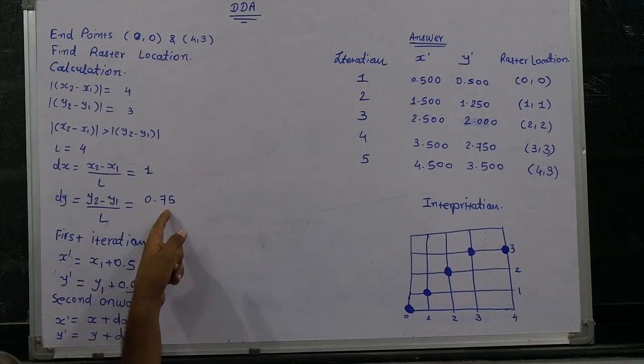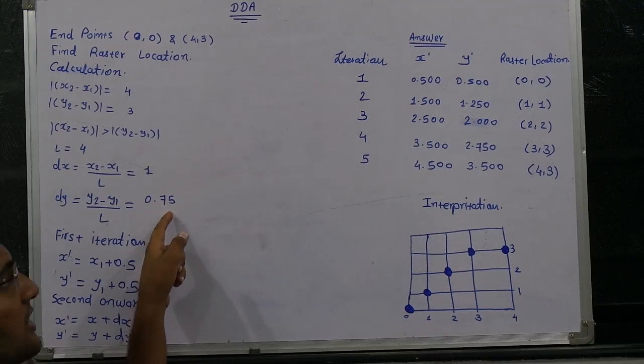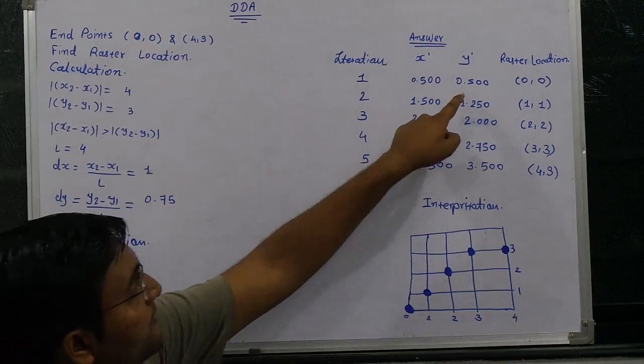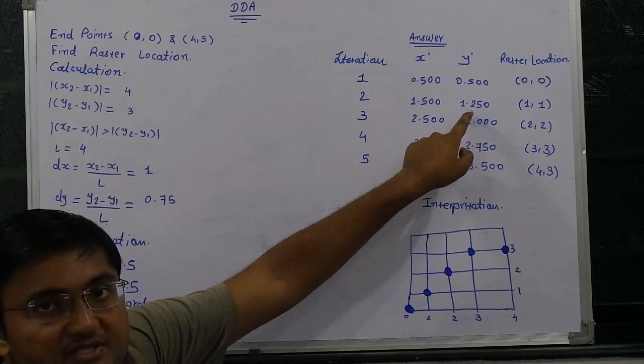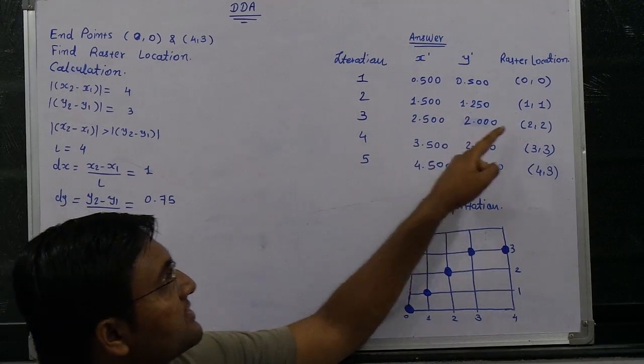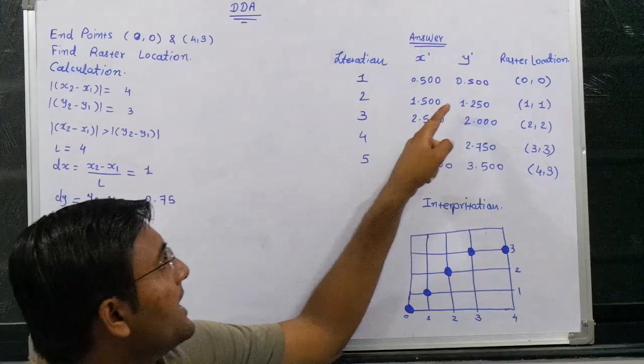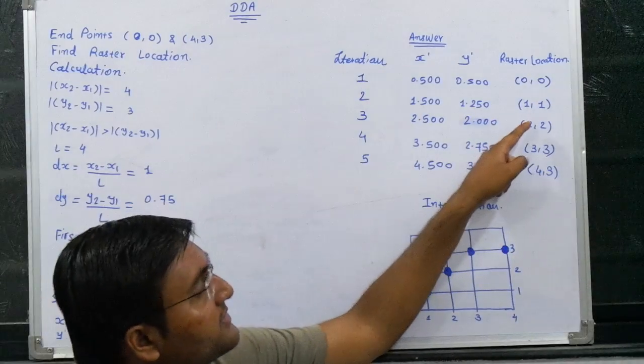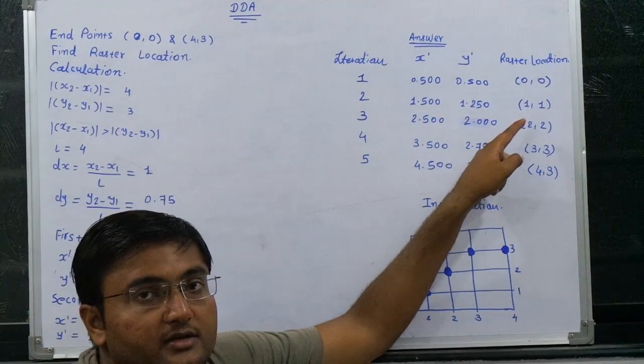So 3 by 4 is equal to 0.75. So 0.5 plus 0.75 means 1.25. Here the value is 1.5, so the raster location will be 1. And here it is 1.25, so the raster location is also 1.